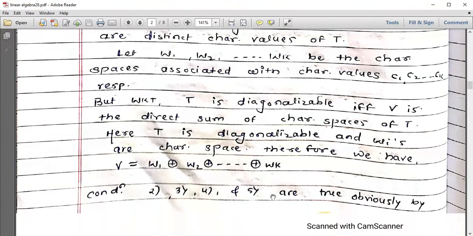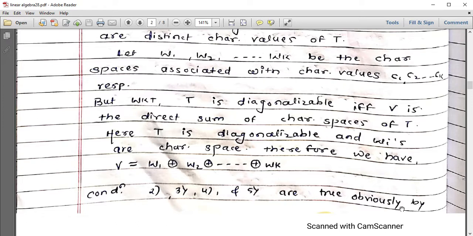Now conditions 2, 3, 4, 5 are true obviously. Why? By the previous theorem. We saw in the previous video that the second, third, fourth, and fifth conditions are true.